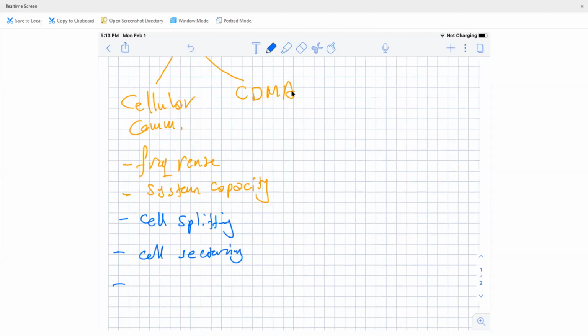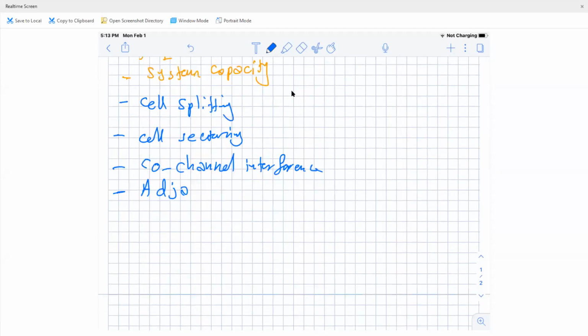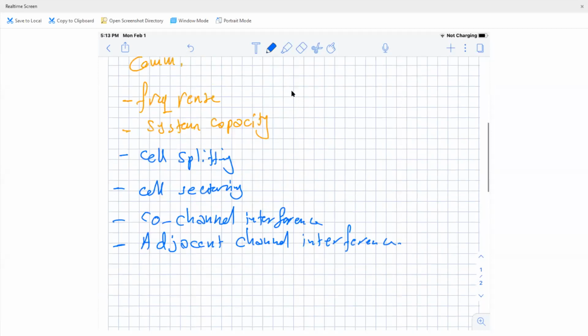So we have basically two kinds of interference, which are co-channel interference and adjacent channel interference. So this is regarding the cellular communication system.